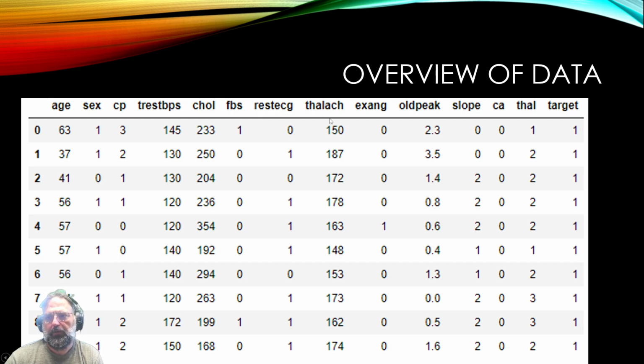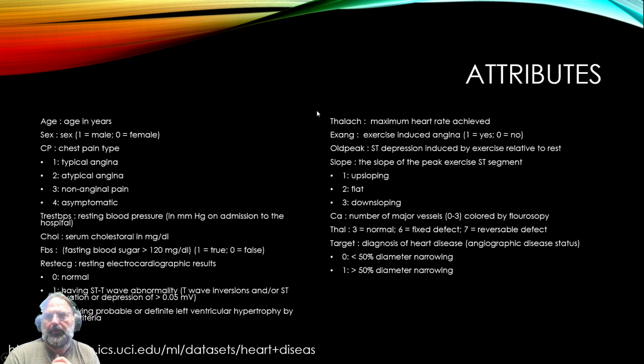You may be asking what is thal or rest ECG or FBS and so on. Those are the attributes, and they mean things, and you need to know generally what they mean so that you can intuitively see if the results are aligning with what you might think they'd be. You don't want to go to the point of introducing your own bias, but it's important to understand your data.